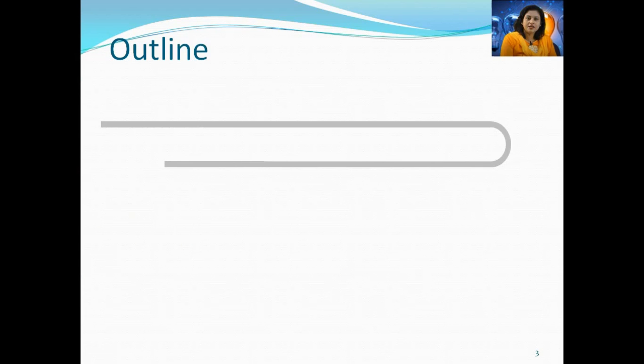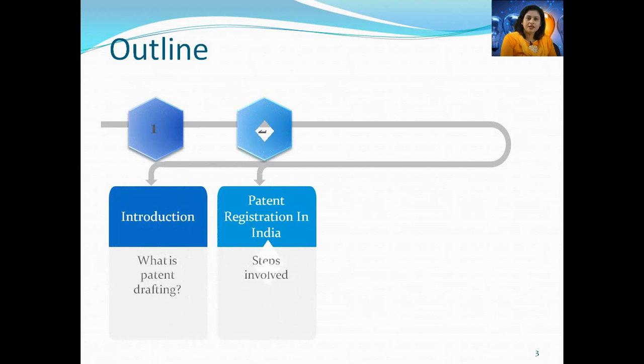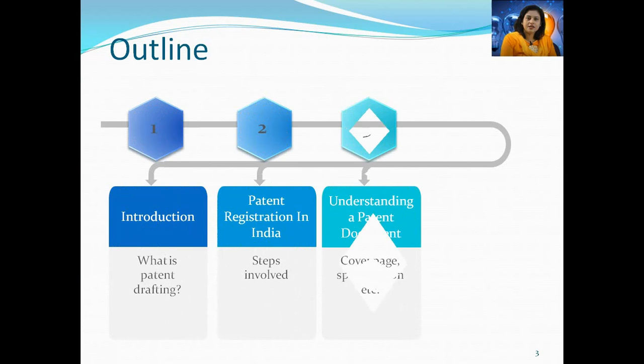Let us have a look at the outline of today's lecture. We will be starting with the introduction: what is patent drafting. Second, we will be understanding the patent registration, the different steps involved in India. Thirdly, we will understand a patent document.